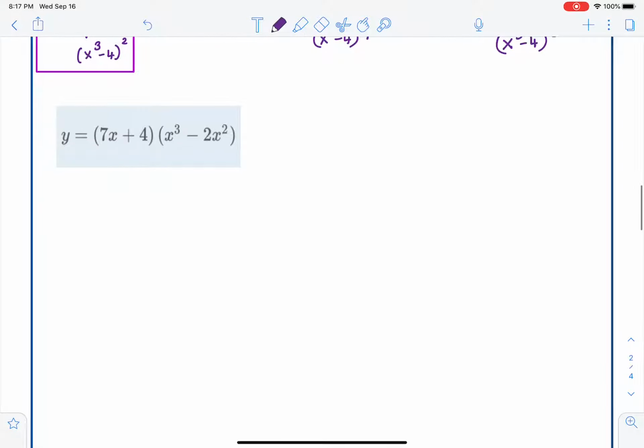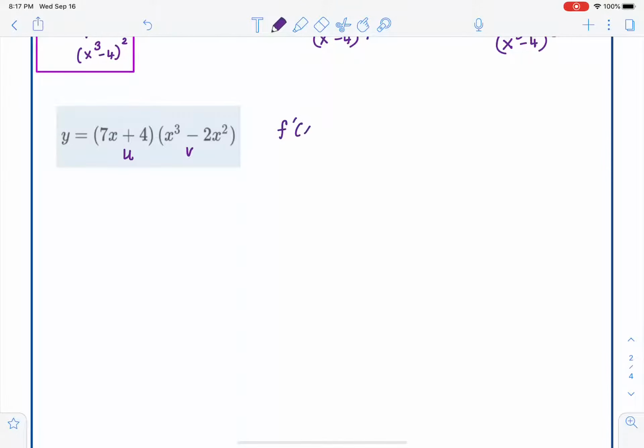So here is a problem which can be solved via distribution or using product rule. It's better to use product rule in this problem. So u is 7x plus 4 and v is x cubed minus 2x squared.